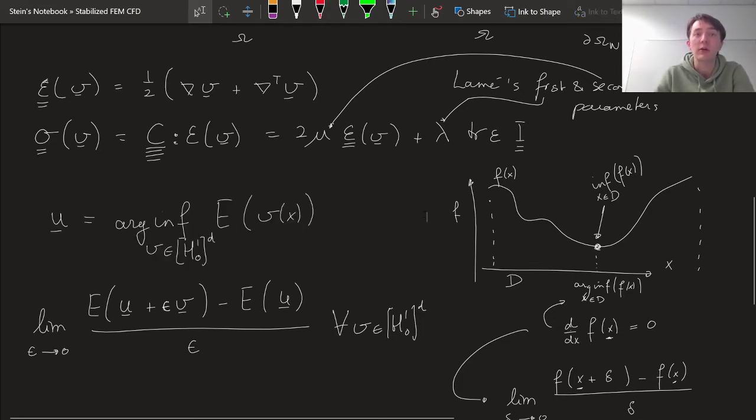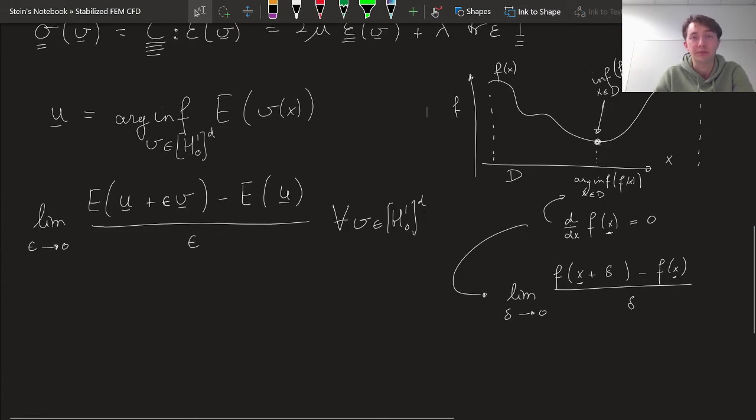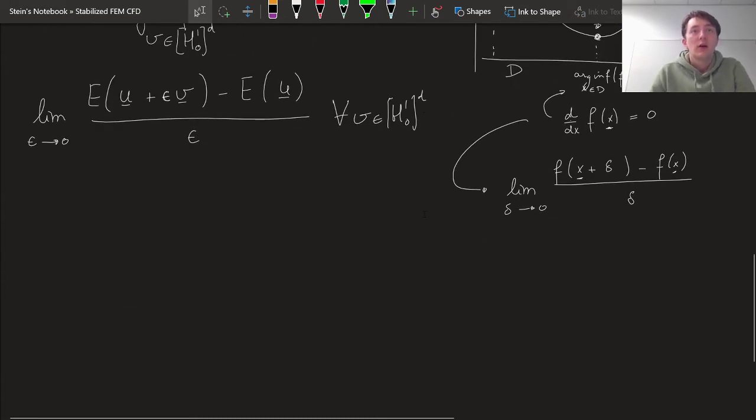It's the argument that minimizes our energy potential. There are different names for this. We can call this the directional derivative, sometimes, because we're taking the derivative of E in the direction of this function v.